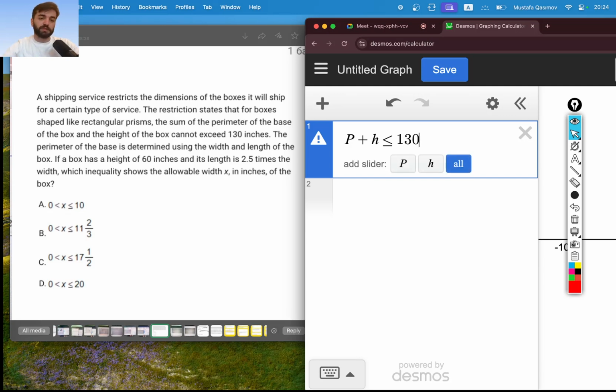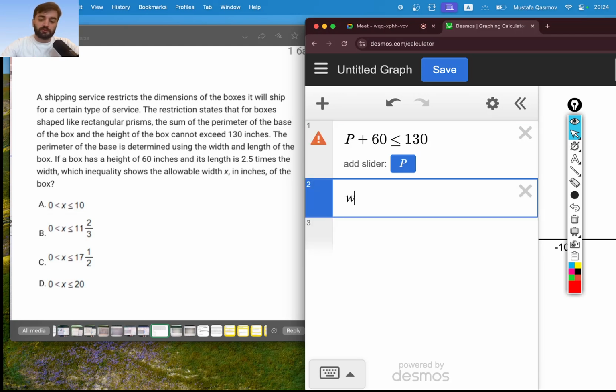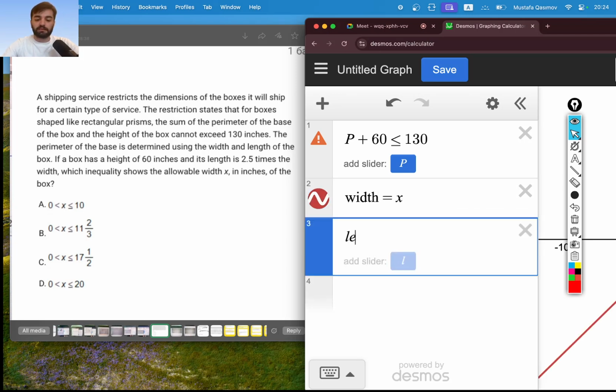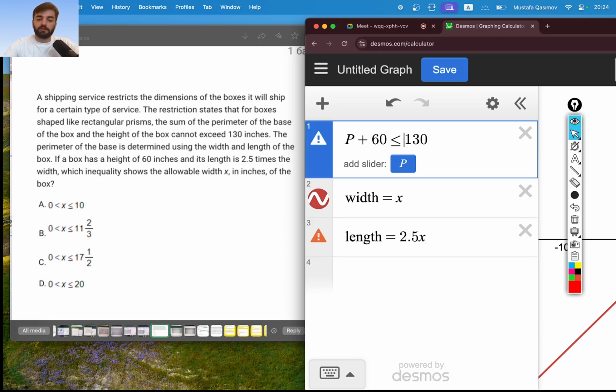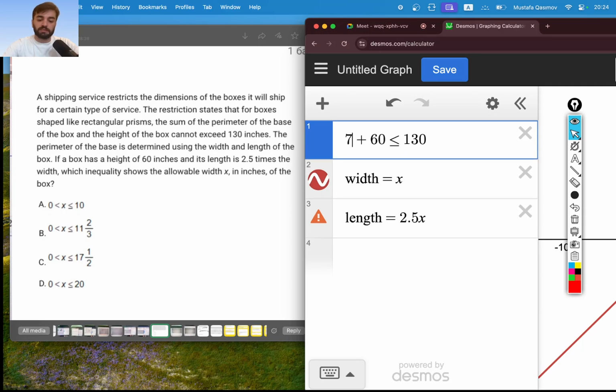The perimeter of the base is determined using the width and length of a box, and the box has a height of 60 inches. Okay, height is 60. And the length is 2.5 times the width, and the width is x. So if the width is equal to x, from here we can say that the length is equal to 2.5x. Then we can add them and find the perimeter, which is equal to 7x.